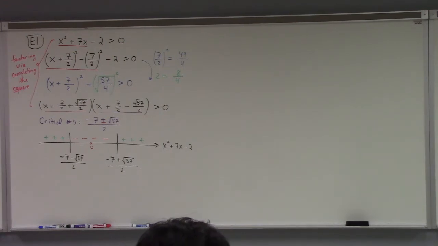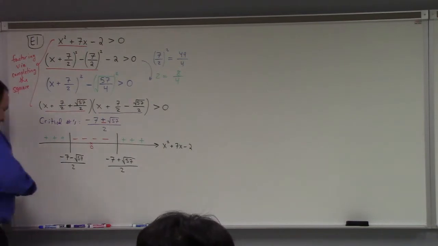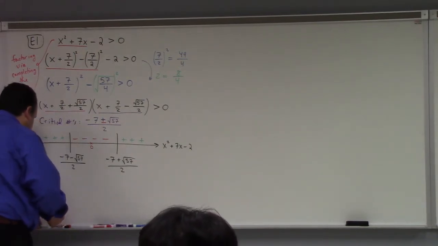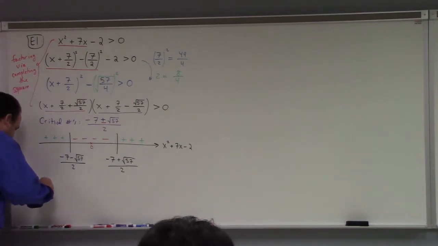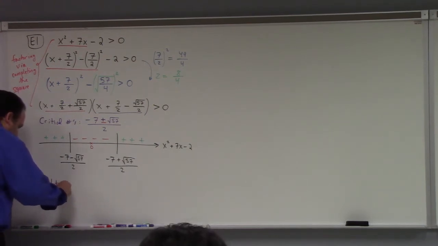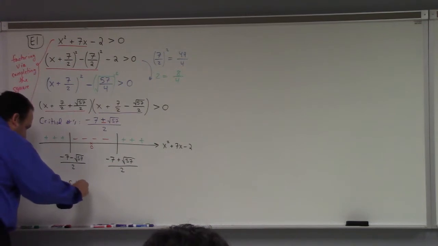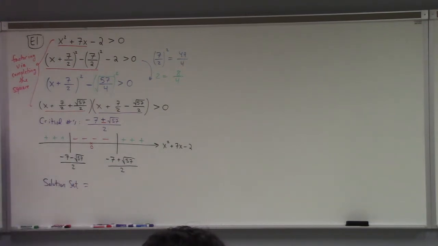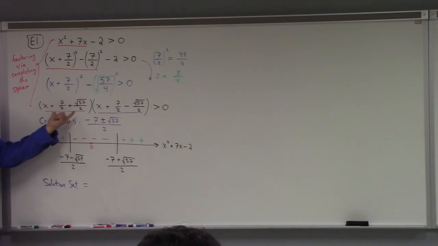And so now I can read off the answer. How did you figure out whether it's going to be positive or negative on the number line? I plugged in 0 for the middle case, and then I used the sign flip theorem, which says that if your critical number corresponds to a factor with an odd power, you flip signs.